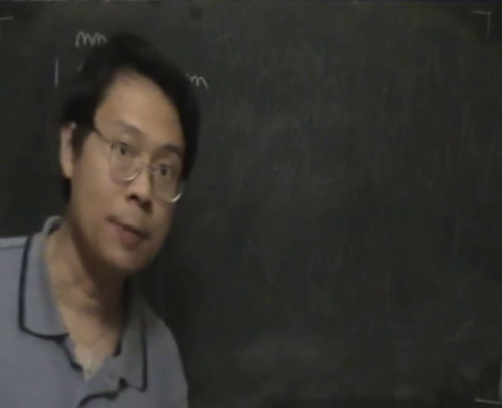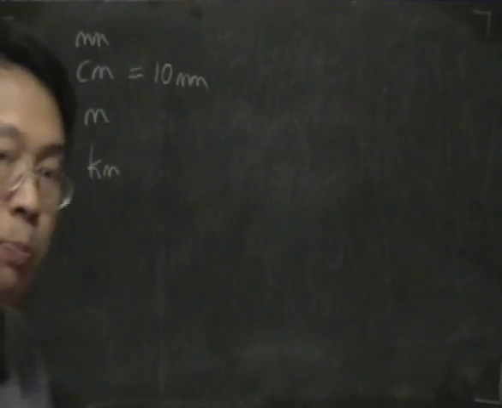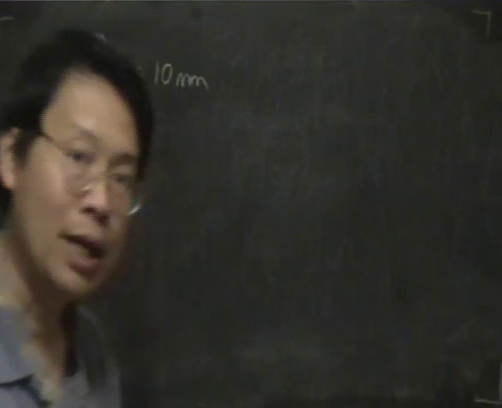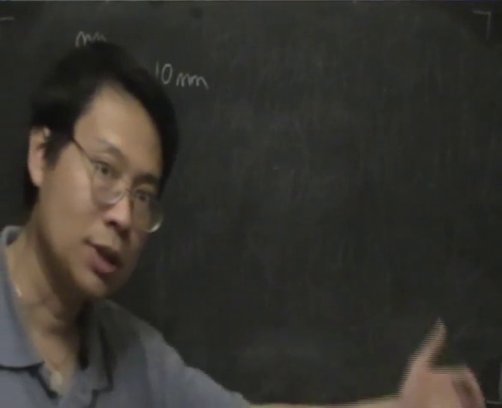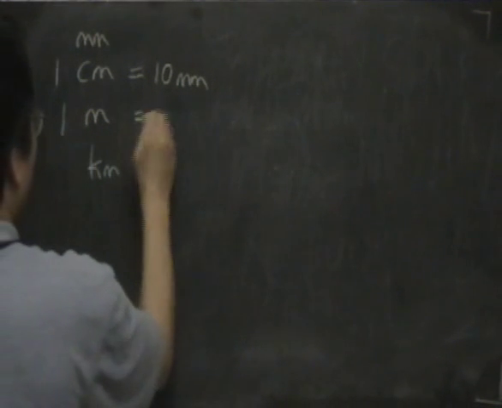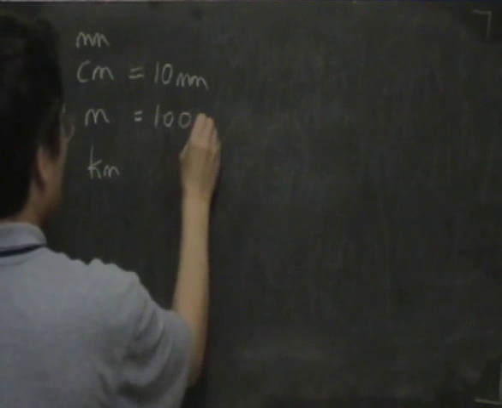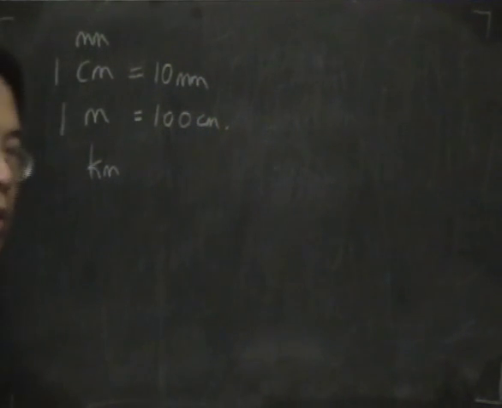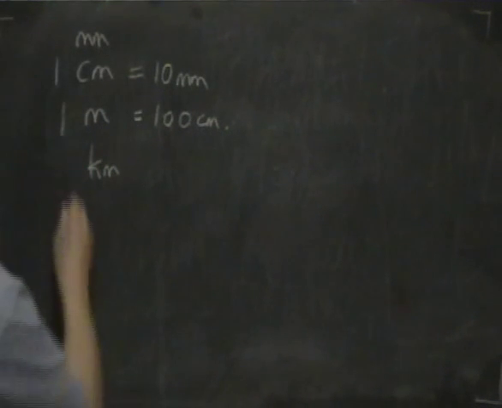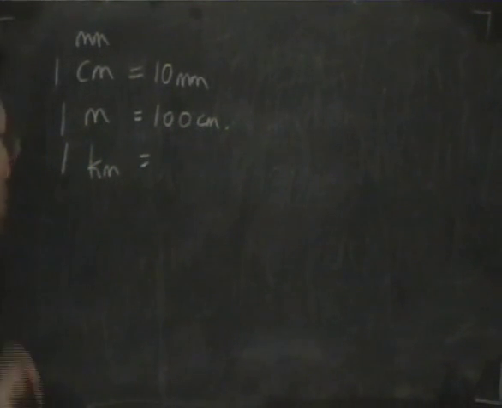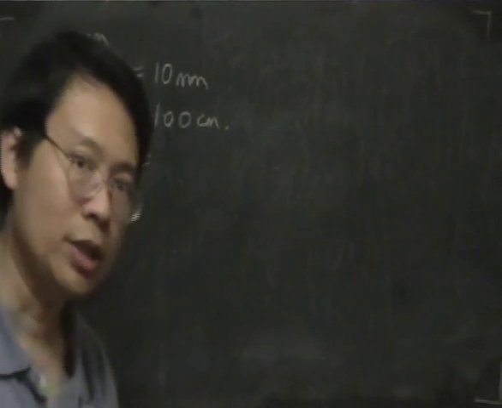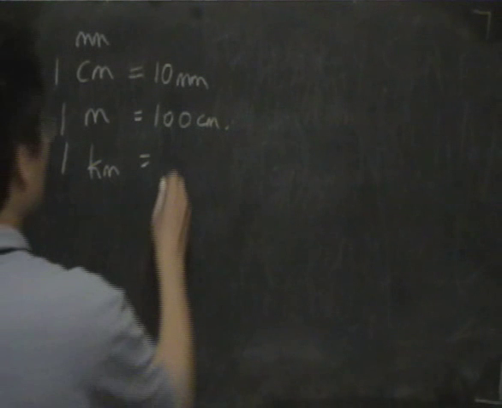And 1 meter, if you have a meter rule, a ruler that is 1 meter long, you'll find that there are 100 centimeters in this ruler. So 1 meter is 100 centimeters, right? Now 1 kilometer, as we normally understand it, 1 kilometer is 1000 meters.